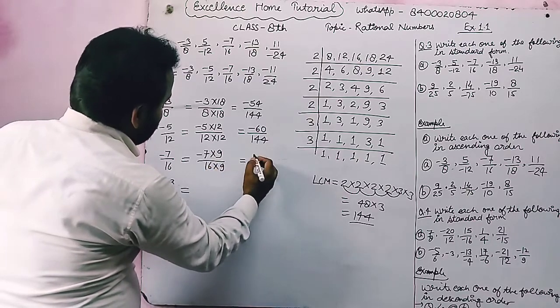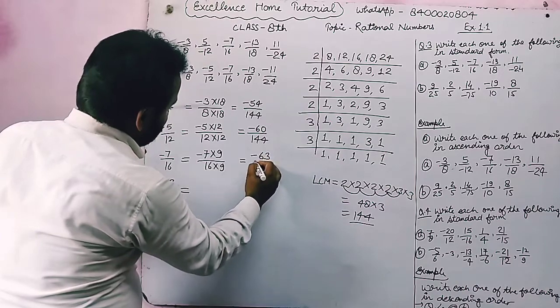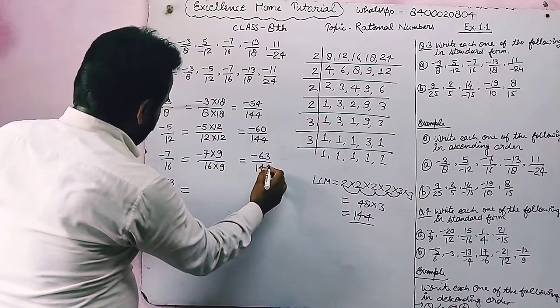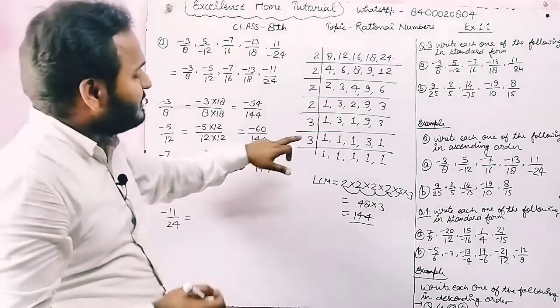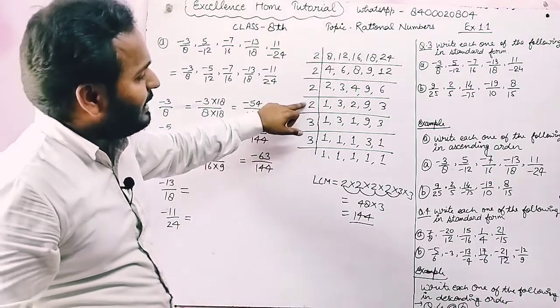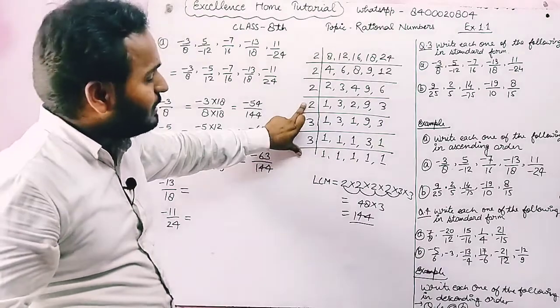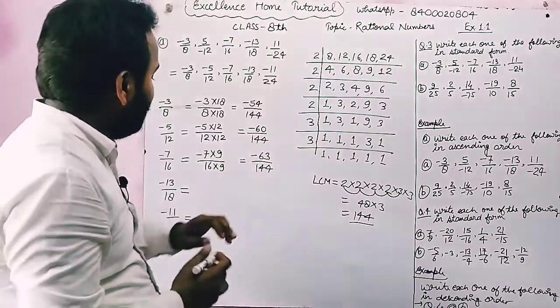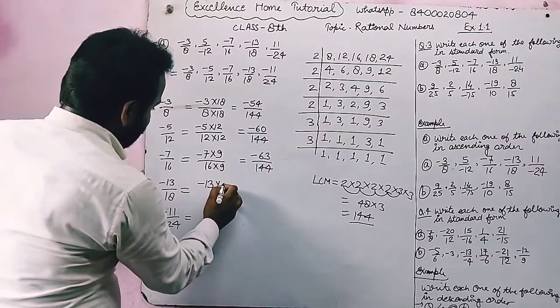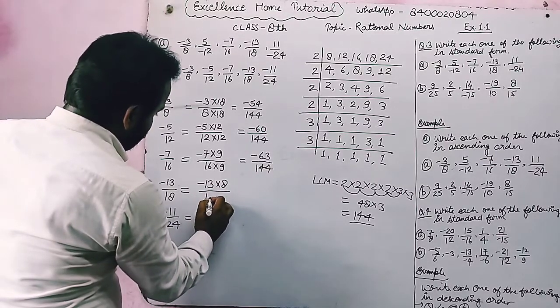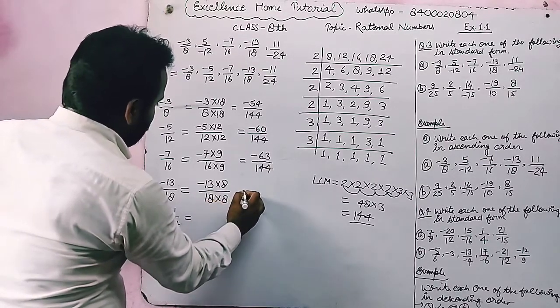That is minus 63 upon 144. After that it is 18. That means 3 threes are 9, 2 nines are 18. We remove this. Remaining is 2 twos are 4, 2 fours are 8. So we have to multiply this rational number by 8 in both denominator and numerator.